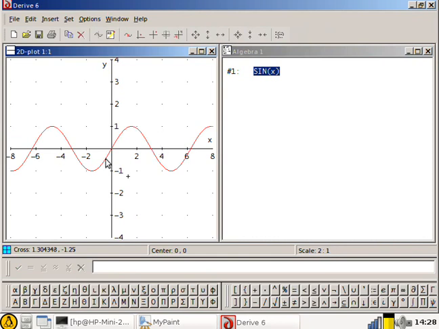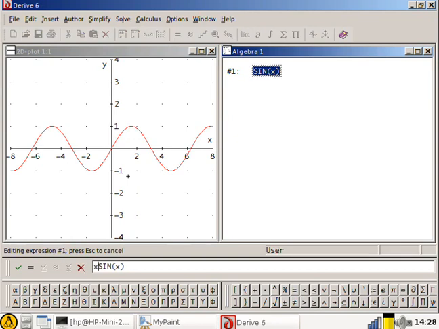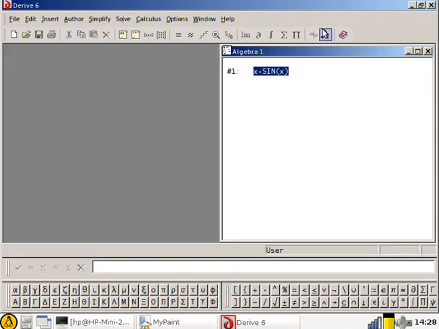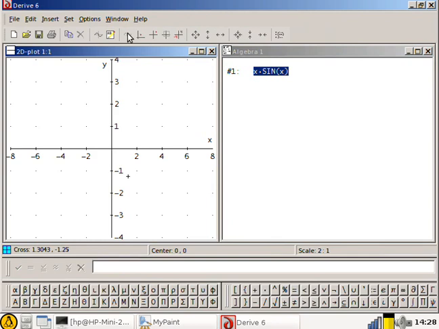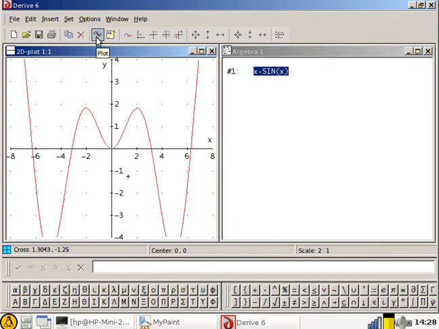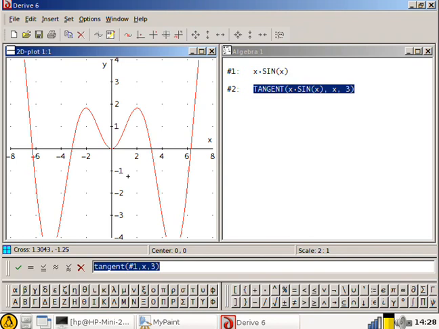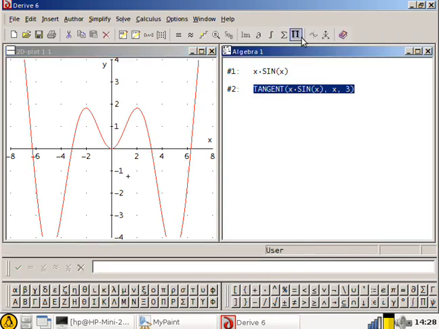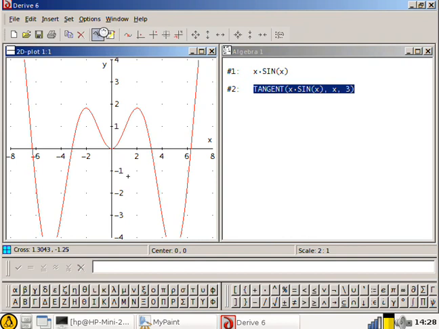I want to try, oh, I know. We'll make the sine x get bigger. Okay. Right, there we go. So if I draw a tangent at, let's say, this point here, 3, tangent when x is 3, now we got it there.